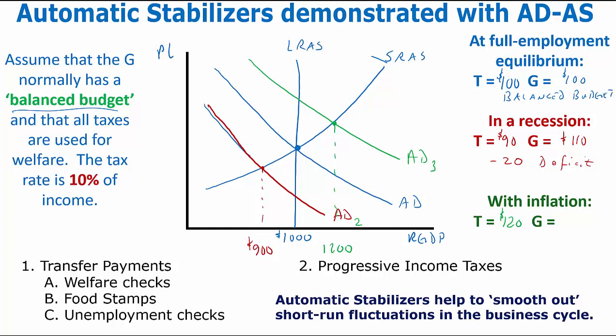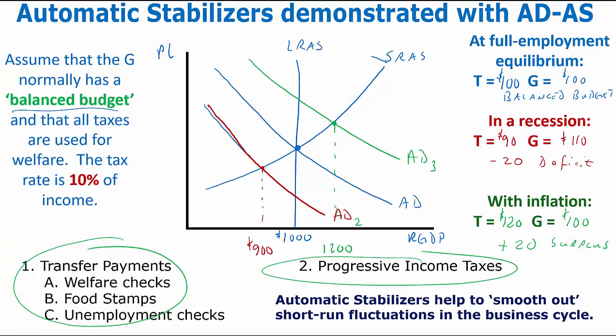So the government spending is going to be much lower. Maybe it just goes back to 100. Who knows? Anyway, now you have a $20 surplus. So the idea of transfer payments and the progressive income tax, those are automatic stabilizers that help to smooth out the business cycle.